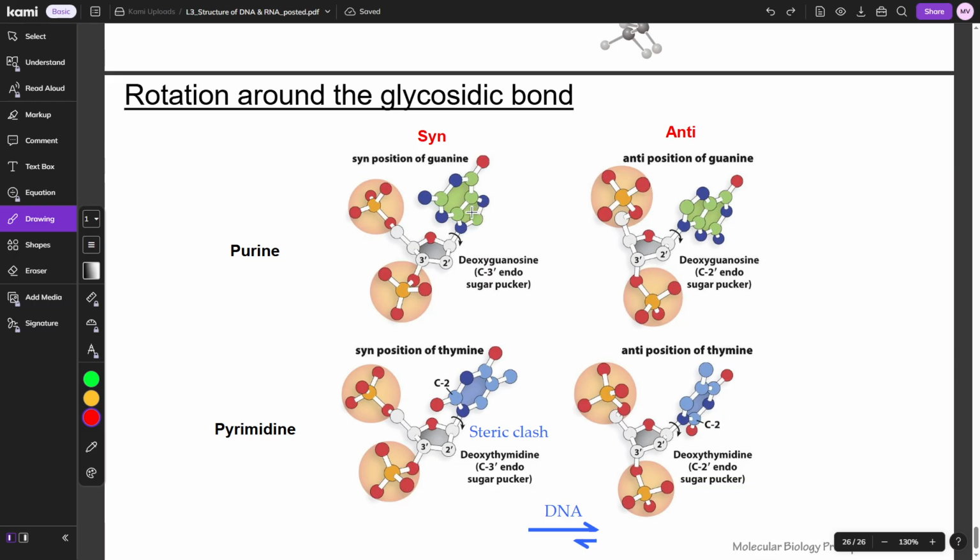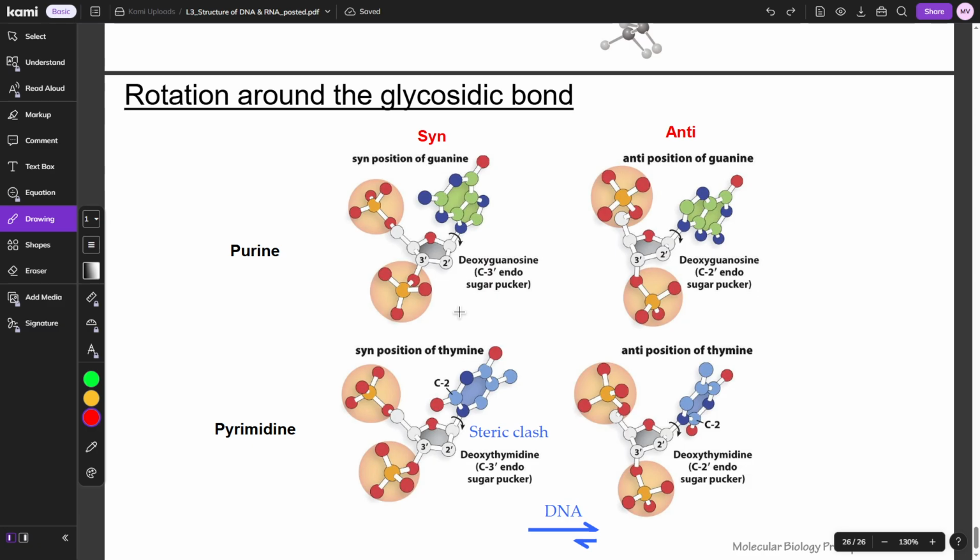What you should know is that, generally speaking, a purine, so these larger ones, actually prefer the syn conformation. That's because in the syn conformation, they don't really have to worry about any kind of steric clashes. They're so large, and these groups sticking out, like this nitrogen and this oxygen, are so far removed from the phosphates and stuff that they don't really interact that much, and it's totally fine to have them that way.